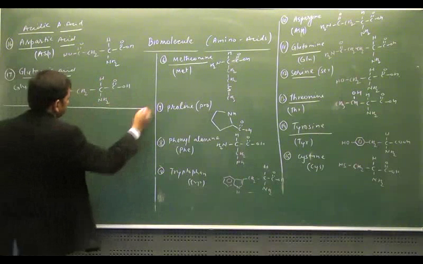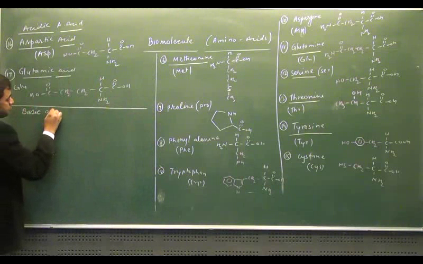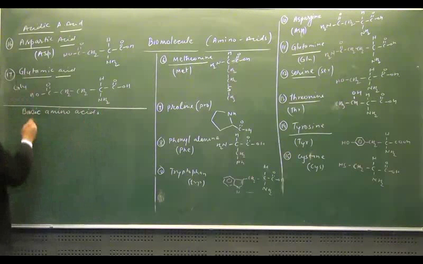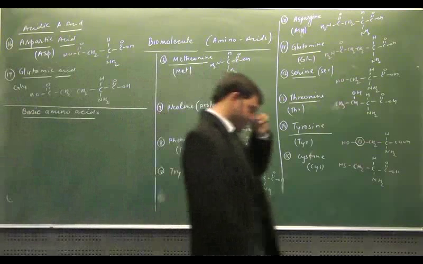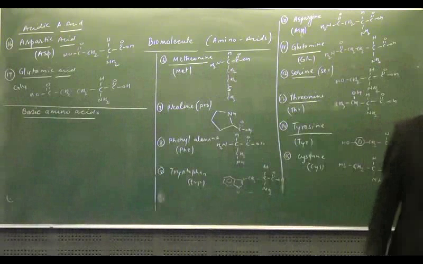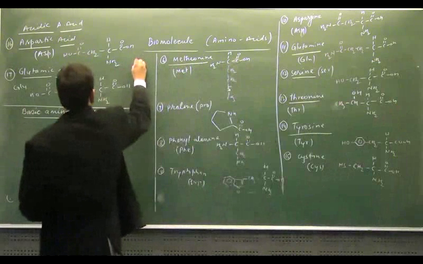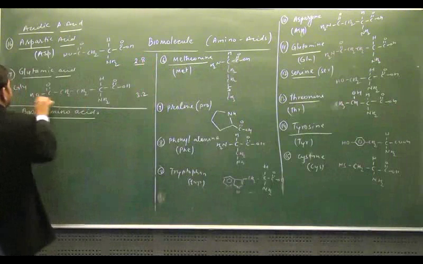Next, basic amino acids. Here the isoelectric point is very low. They are towards the acidic side. There is 2.8 and 3.2. 2.8 is the isoelectric point, 3.2 towards the acidic side, because side chain it is acidic.